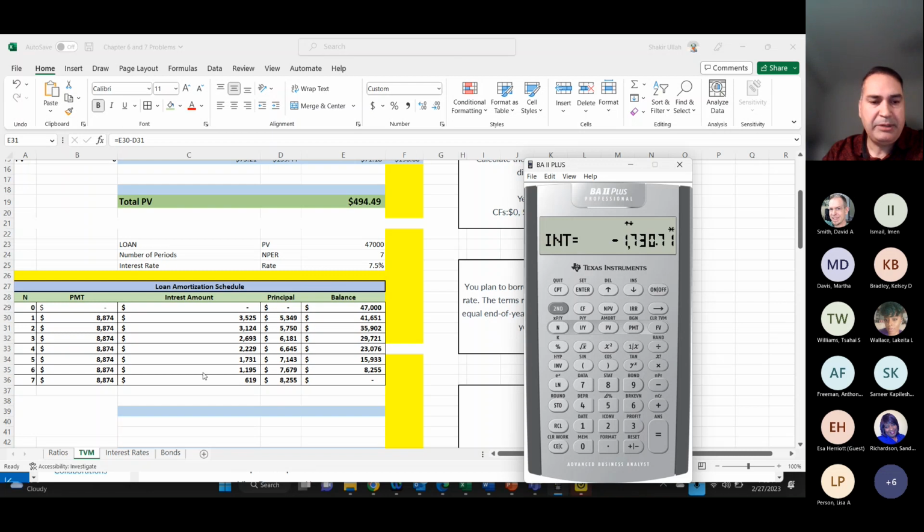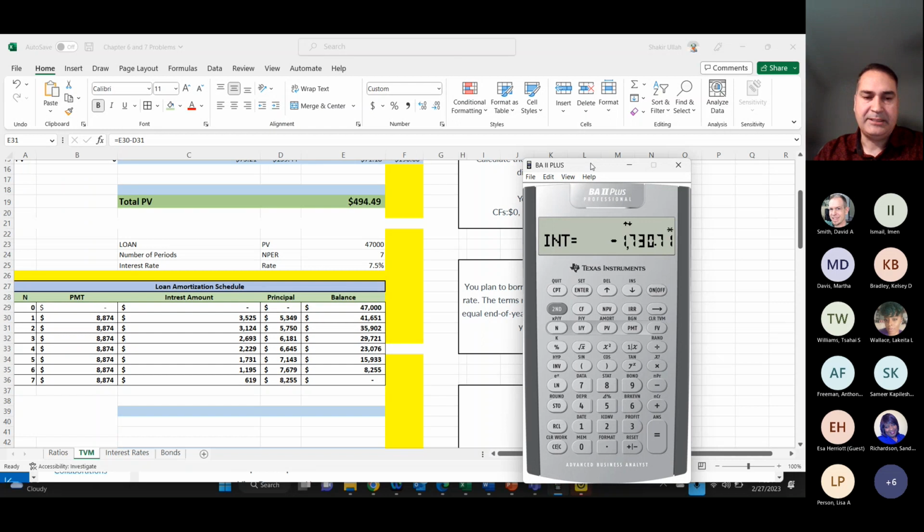Scroll down, and interest payment in that year would be 1,730. So what that means is that you can use your calculator to do this problem. It can ask you for any year, or can ask for the balance or interest or principal. So that is how you can attempt it.